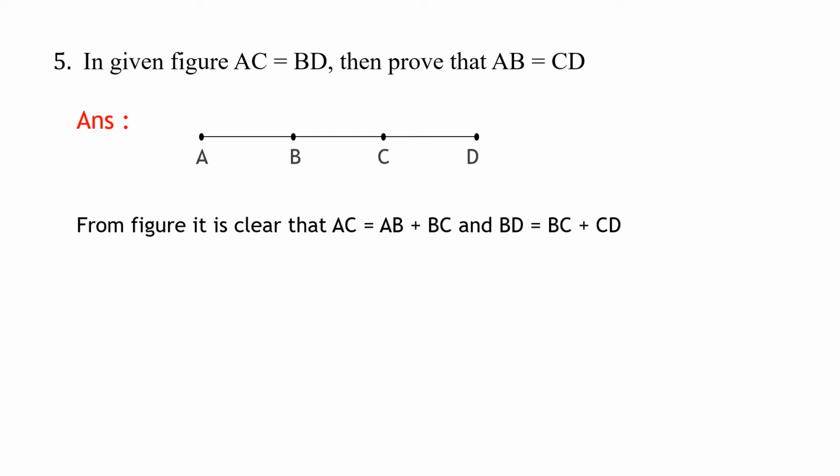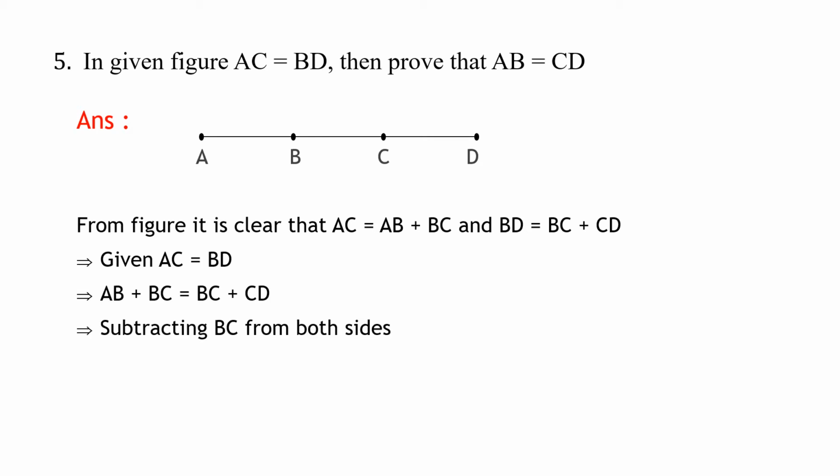Going from A to B and B to C gives us AC, and BD equal to BC plus CD. Now we are given AC equal to BD, so putting down the values given, we get AB plus BC equal to BC plus CD. So they both are equal.